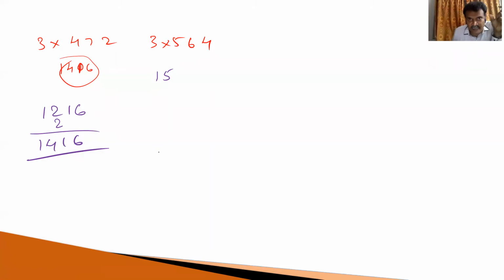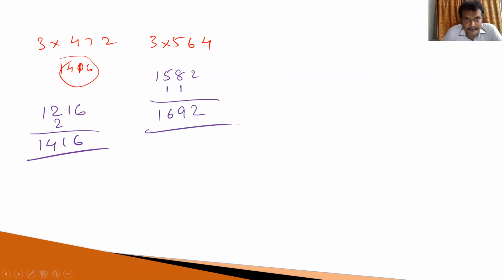So 18 tens are there. So 8 is in the tens place and 1 is in the hundreds place. Why? Because 18 tens equal to 180, right? Now 3 4 times, that is equal to 12. 2 is in the unit place and 1 is in the tens place. So what is the answer? 1692, which is required answer.